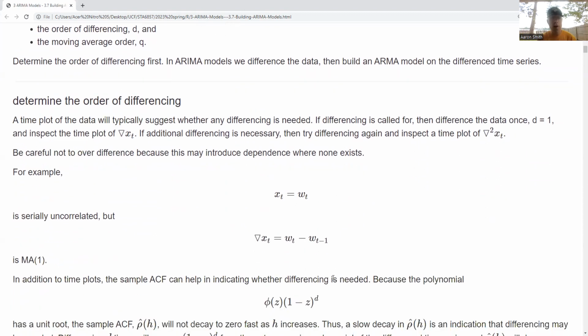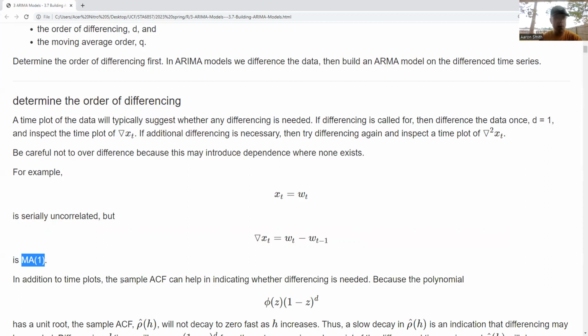Well, the difference value here, if I think about it, that's actually an MA1 model. And so even though the original time series was just noise, the difference value has a structure of a moving average 1, which could lead me to incorrectly building an MA1 model when I should have just said, hey, this is noise.